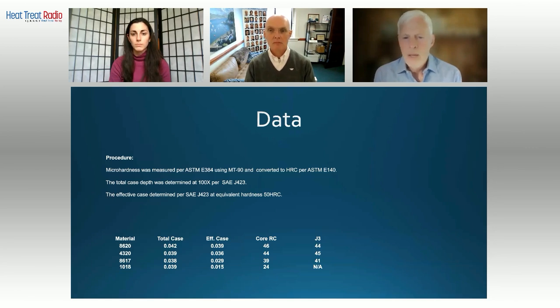And so you can see that the 8620, the first slide, had a J3 of 44. We actually had a 46. So you say, what's that all about? The way you have to understand it is that you're going to melt 200 tons of steel, 100 tons of steel, whatever it's going to be. It's not all done at one time in a single pour.